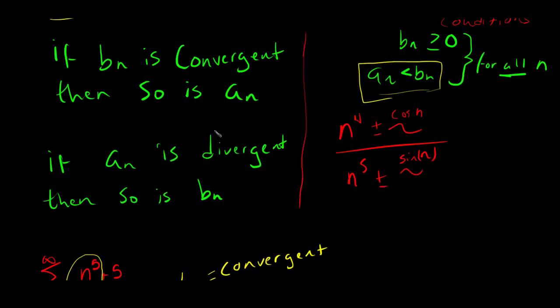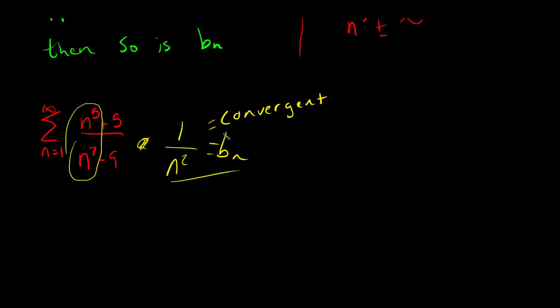Looking back up at our conditions for being convergent and divergent, if B sub n is convergent, then so is A sub n. So this is our B sub n. This was the series that we made up to compare to this, because as n grows towards infinity, this is what it'll model after.